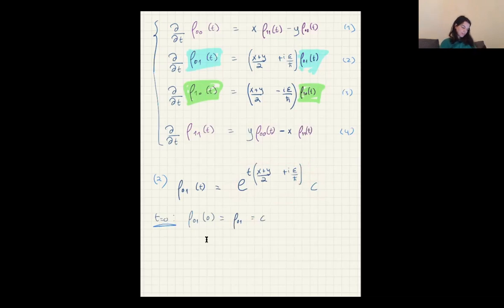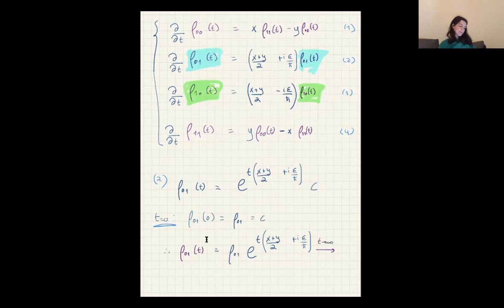So then this gives us rho 0 1 of t is this thing times rho 0 1, which is the original coefficient in the density matrix. And another thing we can do is look at what happens when time goes to infinity.